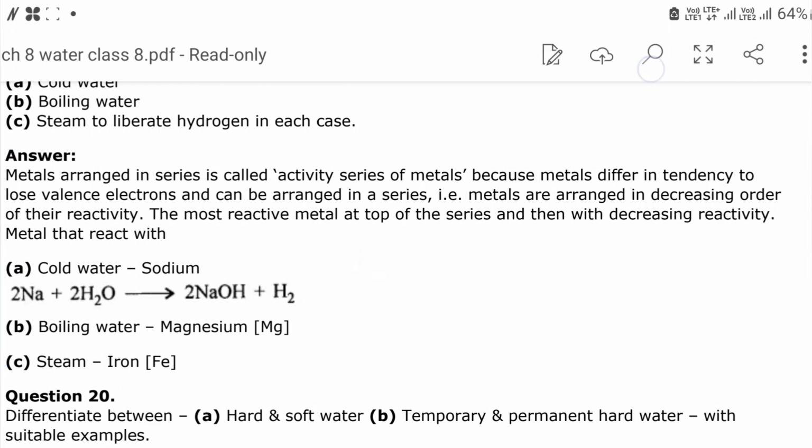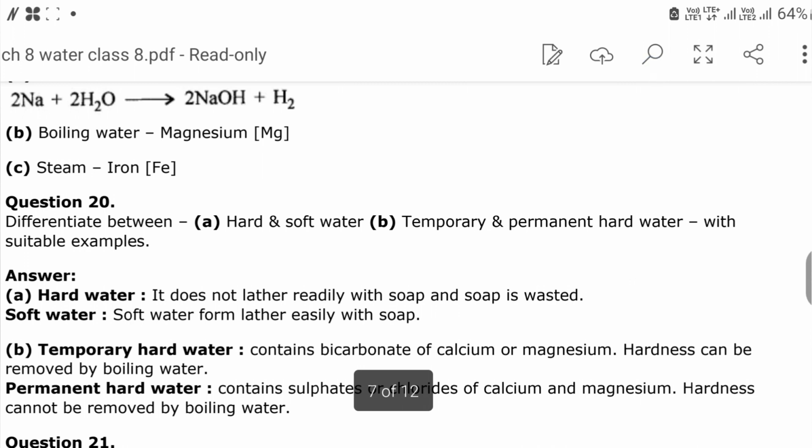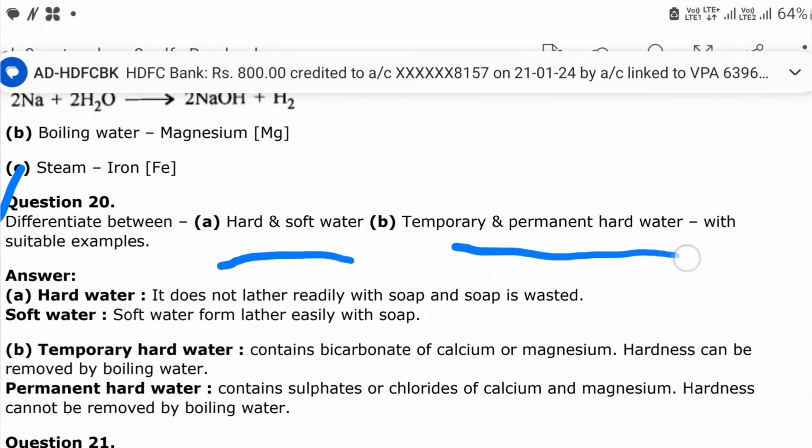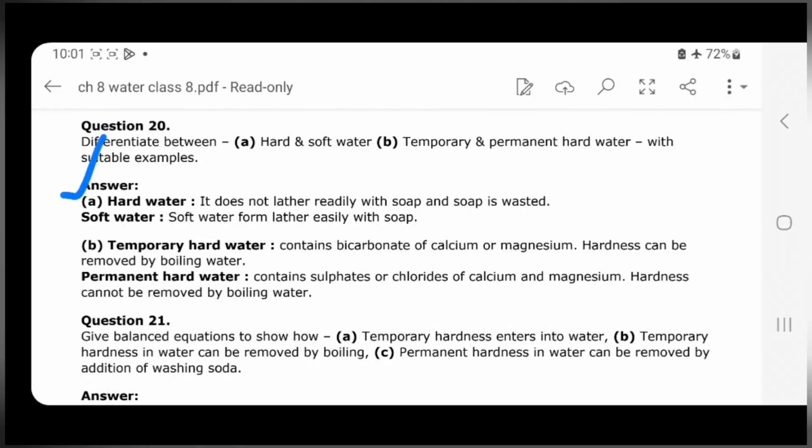Next question is question number 20. Differentiate between hard and soft water, temporary and permanent hardness with suitable examples. So here we will discuss. Hard water does not form lather with soap and soap is wasted, and soft water can easily form lather with soap.